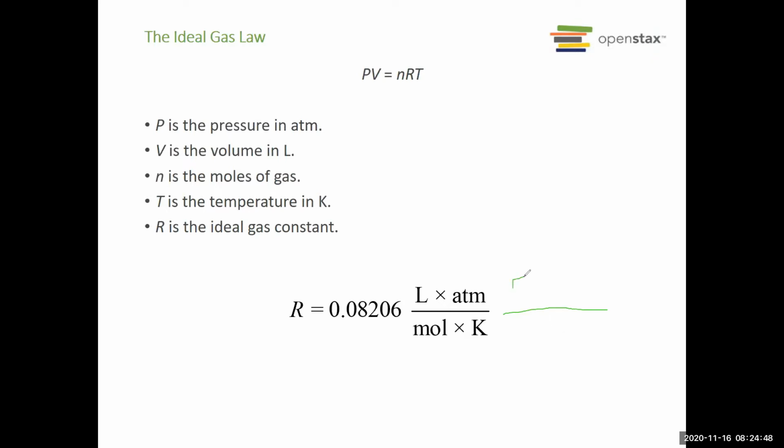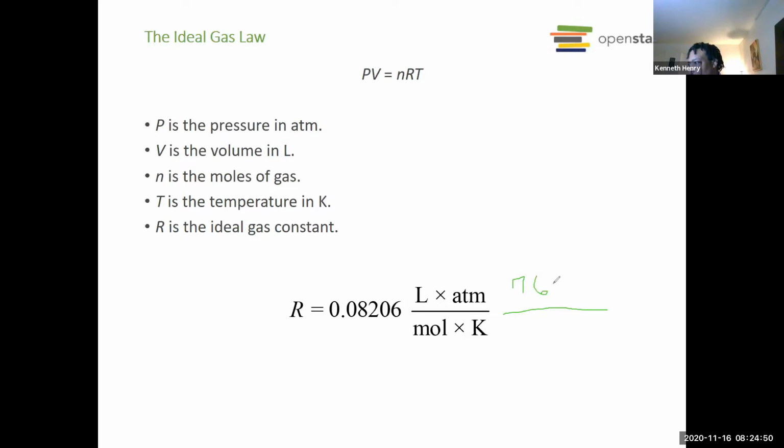Yeah, so 760 torrs equals one atmosphere. So atmospheres are going to cancel out, and then I'd have to multiply this by 760 torrs.